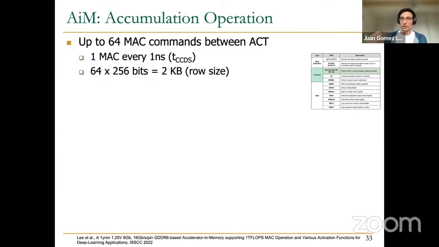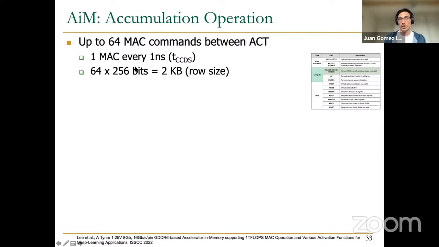To do so, it should be possible to issue successive MAC commands to perform multiple of these multiply accumulate operations between activations. In particular, it's possible to issue up to 64 MAC commands between activations. It's a number that really makes sense because in each MAC command we operate on 256 bits. 64 times that is 2 kilobytes. That is the row size.